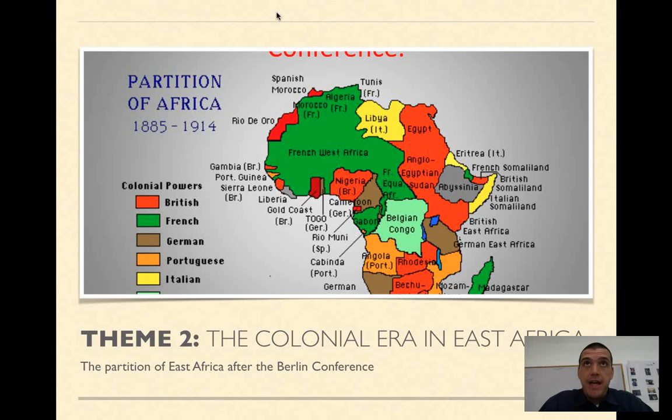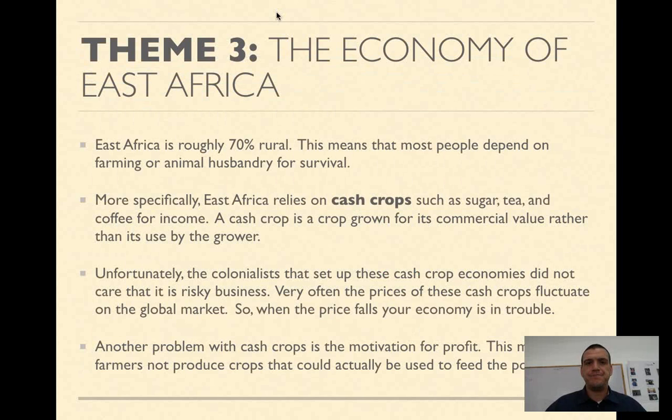They were led by a guy named Menelik II, and he was able to purchase guns from France and Russia, and he was able to actually defeat and keep out the Italians who tried to control what is now modern-day Ethiopia at the time. So they resisted for a long time. So Ethiopia was able to keep the colonizers out for a long time. Just a little side note there.